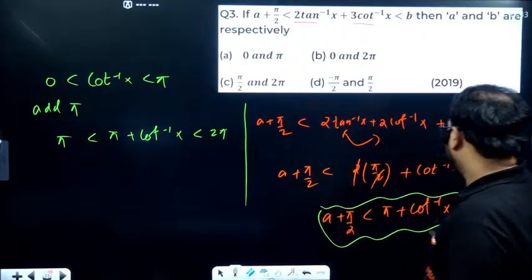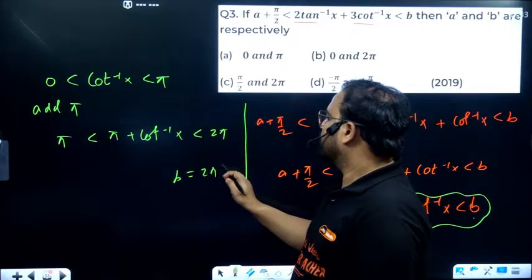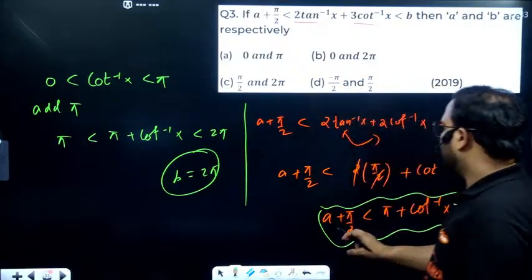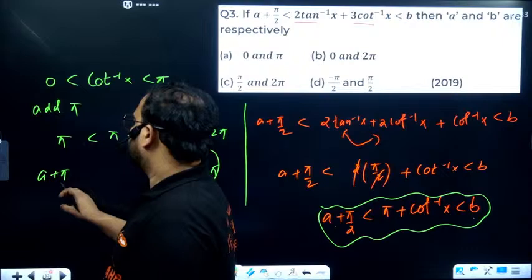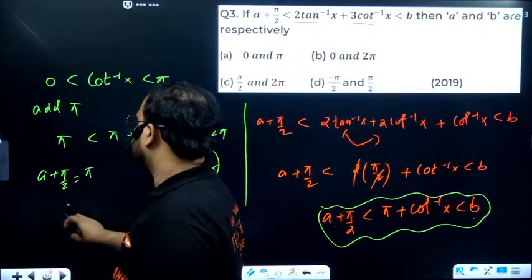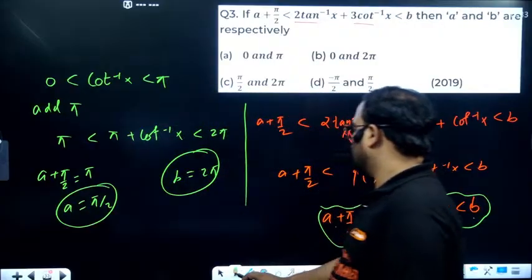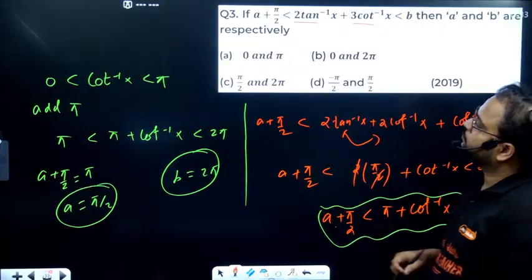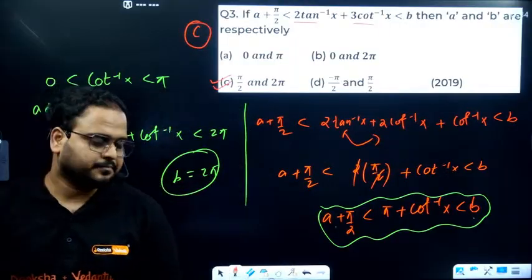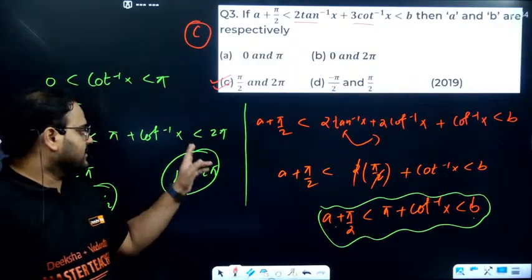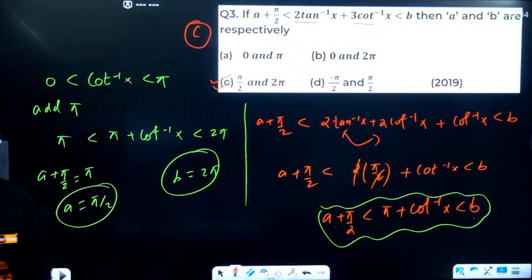Now if you compare b with this, you get b equal to 2 pi. And compare a plus pi by 2 to this, you get a plus pi by 2 equals pi, which gives me a value of pi by 2. Right? Have a look. Simple comparison. This is the second inequality. The first one, compare to get the result.